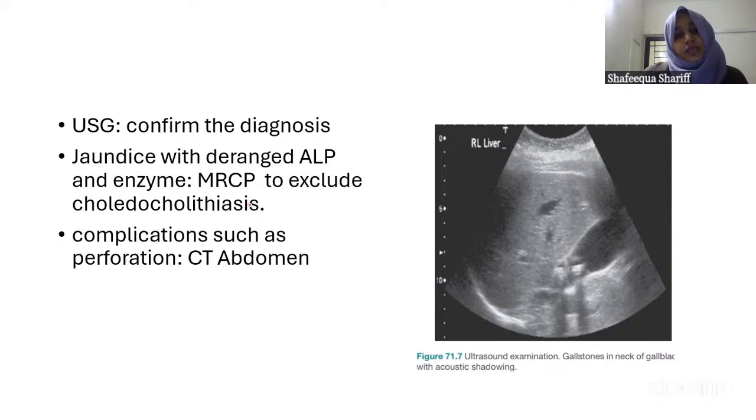That means the stone is in the bile duct now, the common bile duct. For that, we have to do an investigation called an MRCP. We have a routine set of imaging investigations. One is ultrasound, then MRCP, which is pretty much the gold standard, but only for diagnostic purposes. Post MRCP, we have ERCP, and we will do a CT abdomen only when we suspect some complications such as perforation.